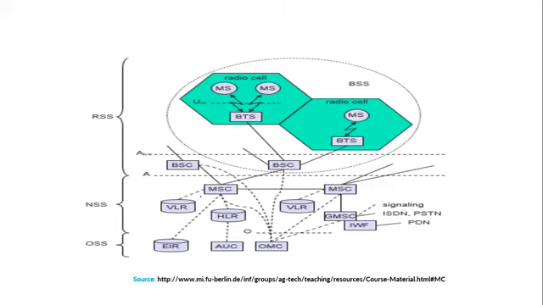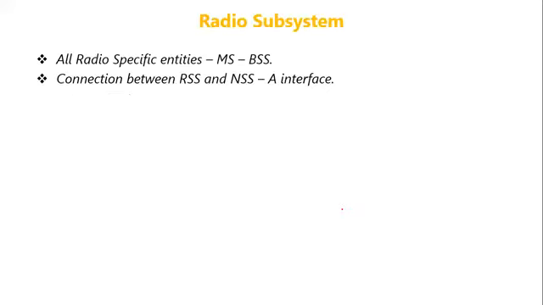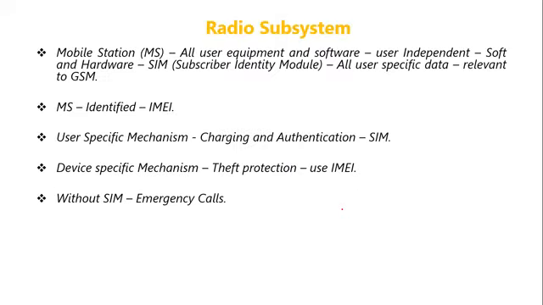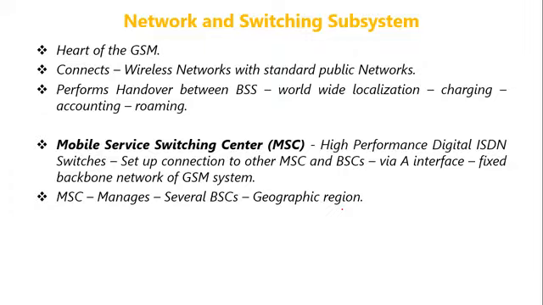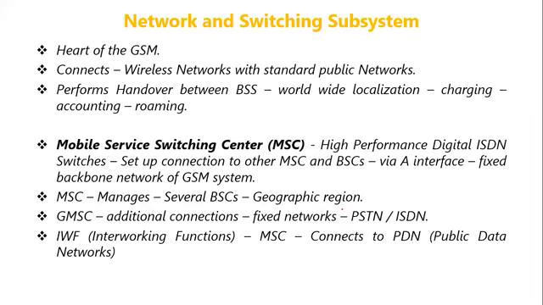You can see here, this is the special MSC which has a connection to other networks like ISDN and PSTN. Using additional networking functions, an MSC can also connect to public data networks.